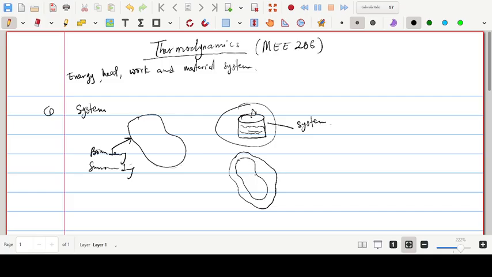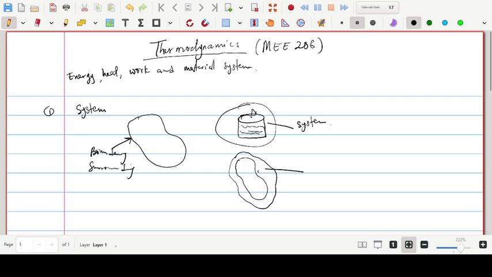It is a region in space that contains a collection of matter or mass within an identifiable boundary.